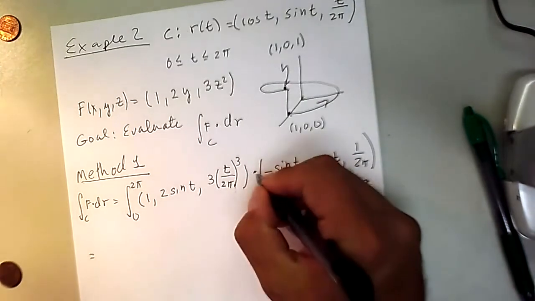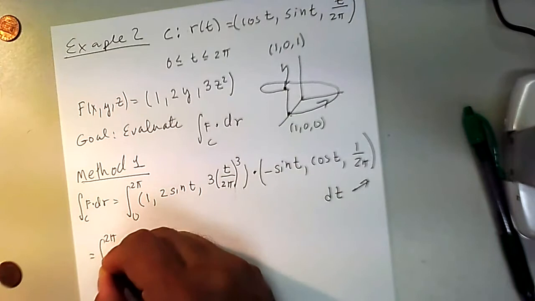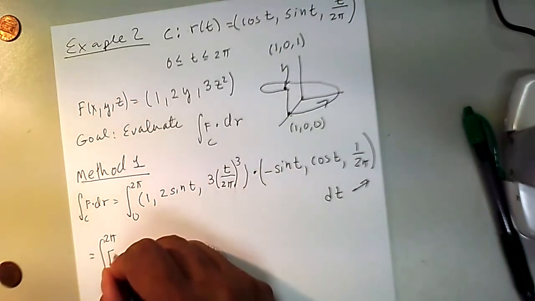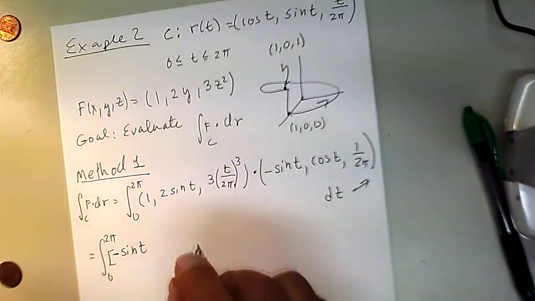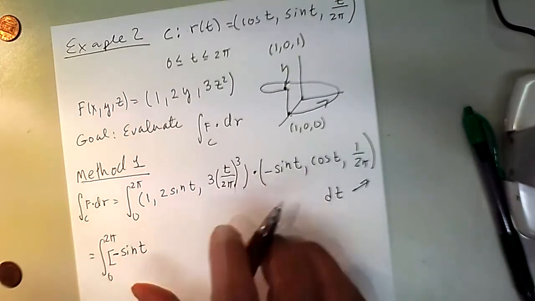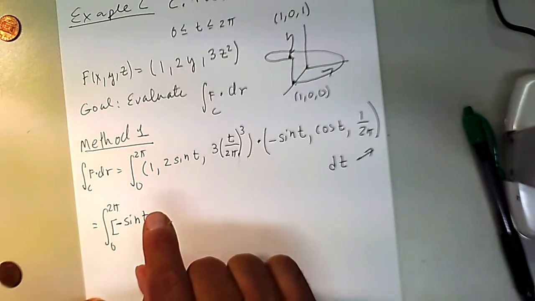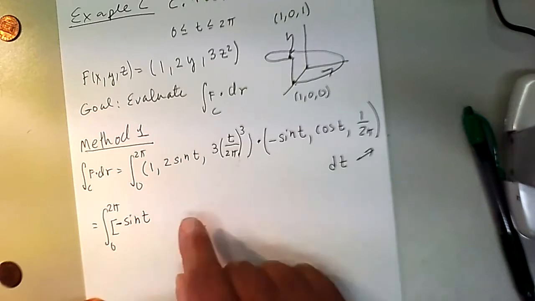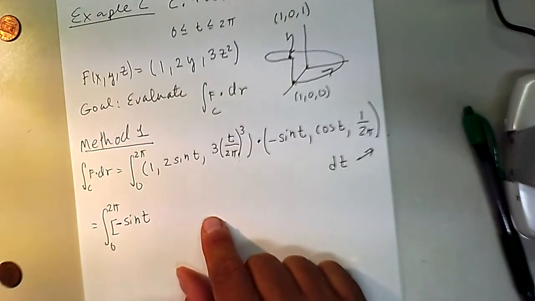So now we are performing the dot product from 0 to 2 pi, bracket 1 times negative sine of t. So that is going to be negative sine of t. But the dot product is going to give us a scalar. So there's not going to be commas. That is very, very crucial. If we mix commas and pluses or minuses, it could be that we're making a conceptual mistake.